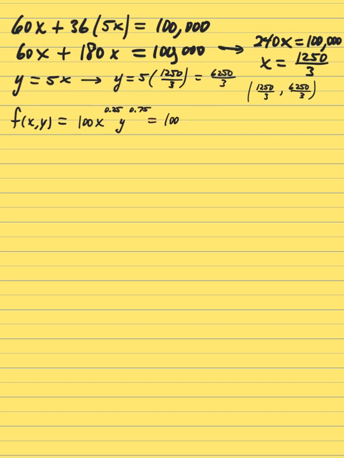Subbing our values in, 100 times 1250 over 3 to the 0.25 times 6250 over 3 to the 0.75 is going to give us, to the nearest whole number, and you're asked to round to the nearest integer in your homework, 139,321 units. That is part A.